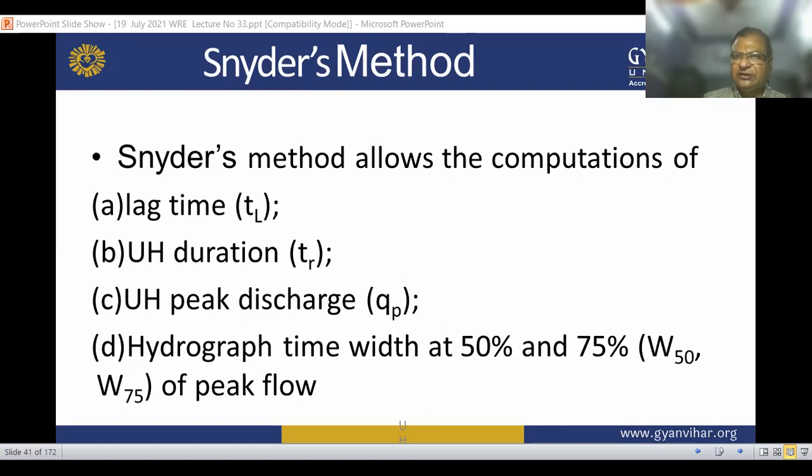So, the Snyder method. The Snyder method has the components of lag time, unit hydrograph duration, unit hydrograph peak discharge, and hydrograph widths at 50 and 75 percent of peak flow.